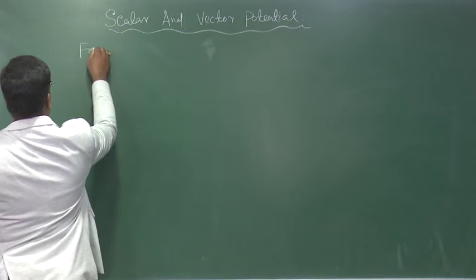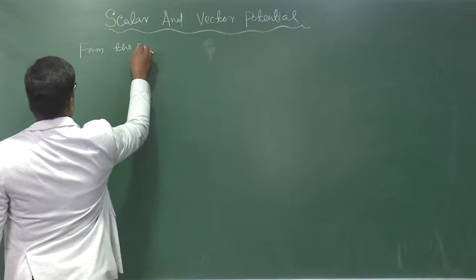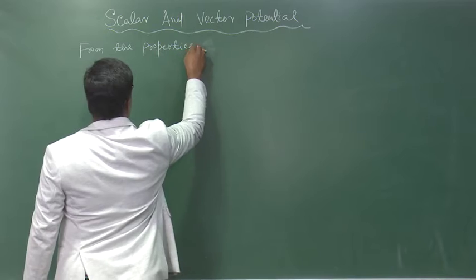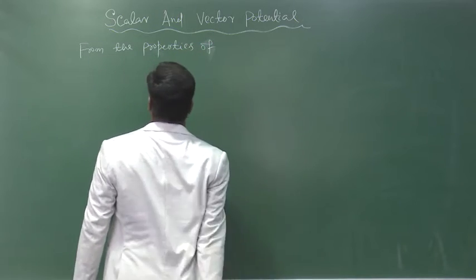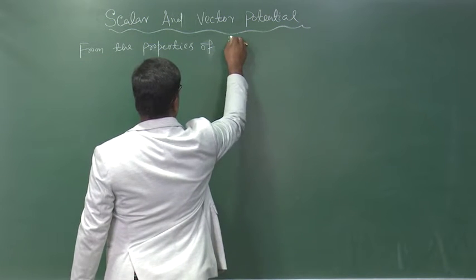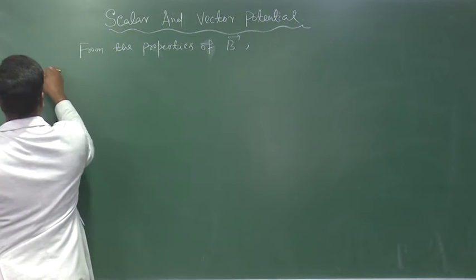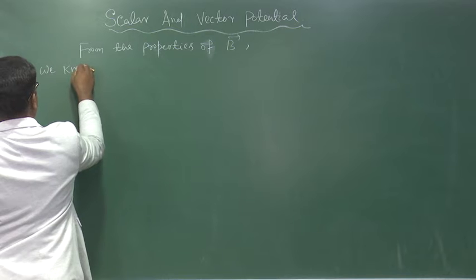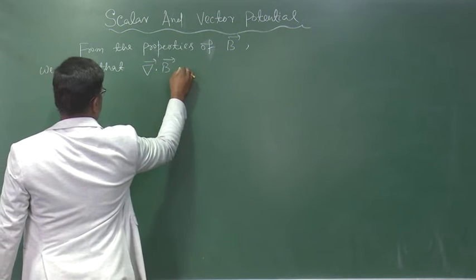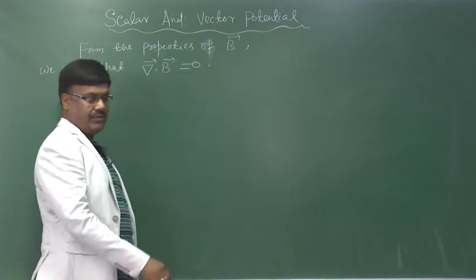From the properties of B vector, we know that grad dot B is equal to 0.